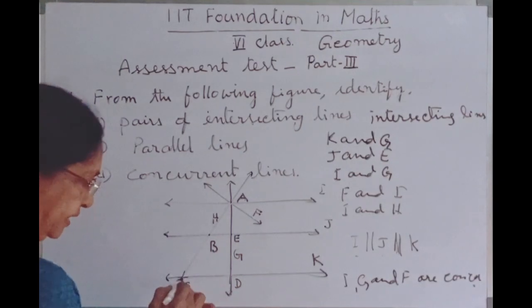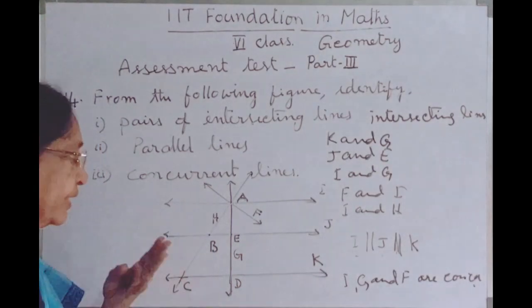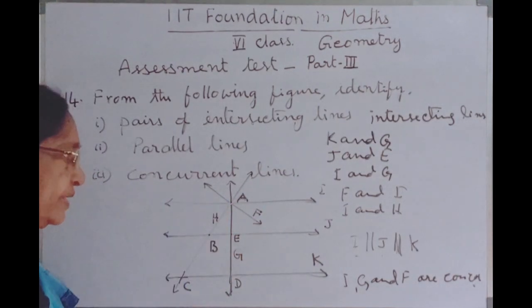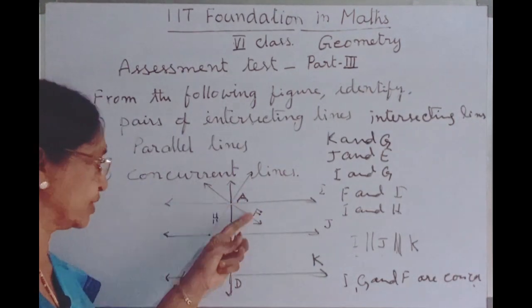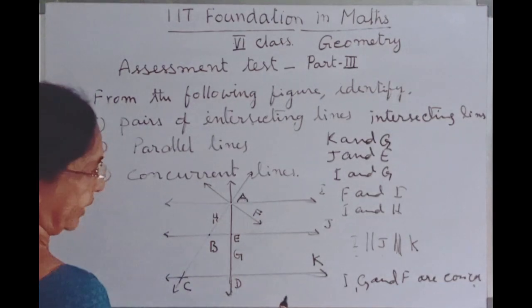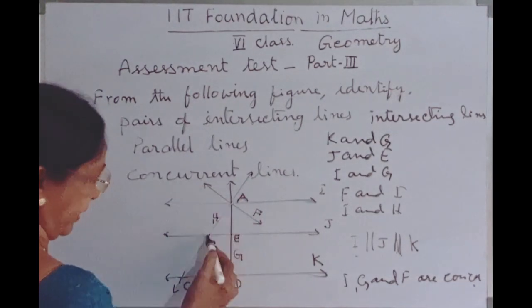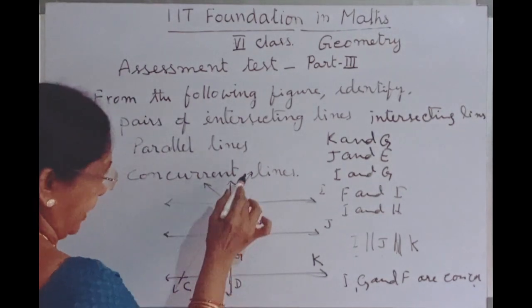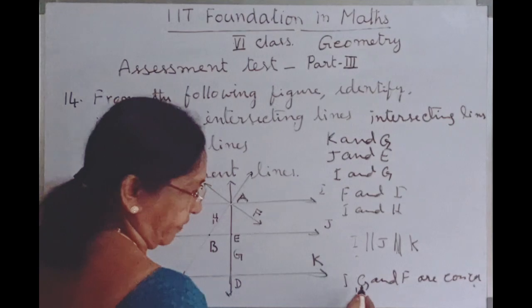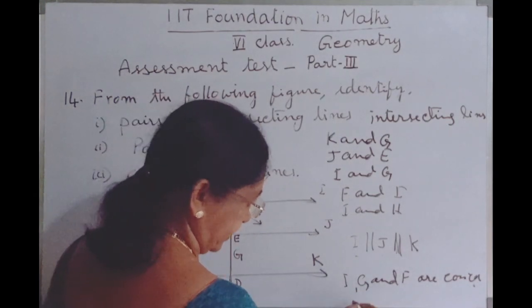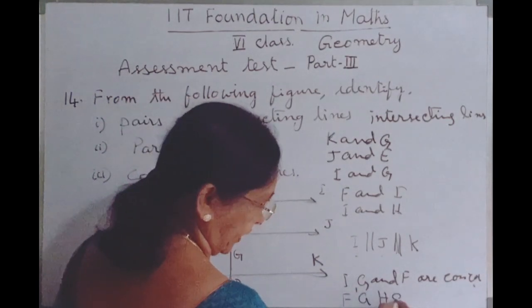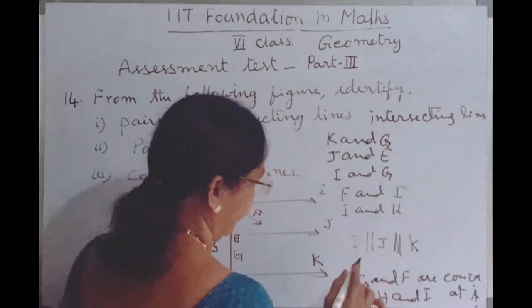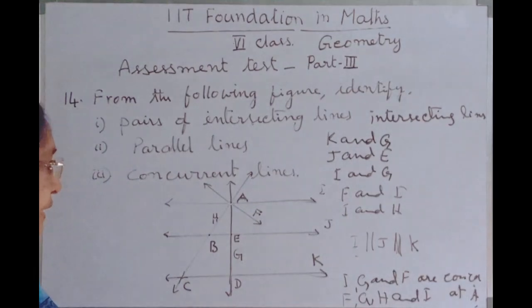Generally, if more than two lines are intersecting at a point, then they are said to be concurrent. Therefore here three lines intersect at A. Therefore these three lines are concurrent lines. Four lines F, G, H and I are intersecting at A. Therefore the four lines are concurrent lines.